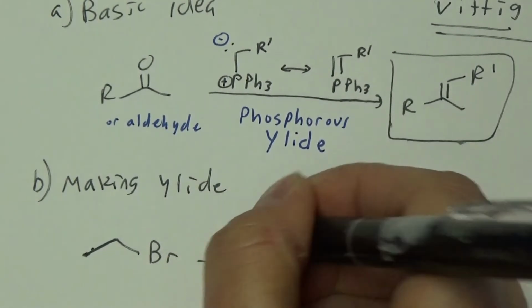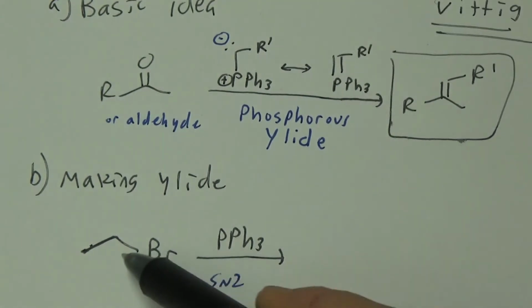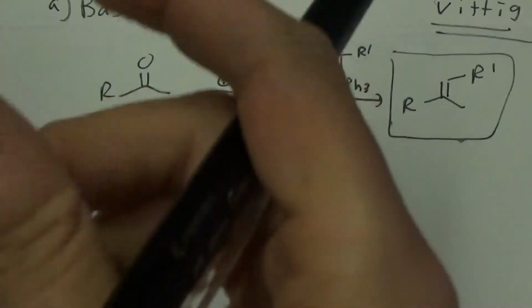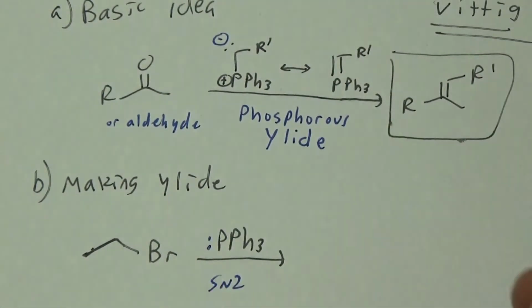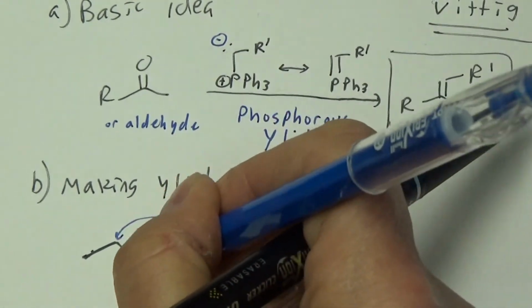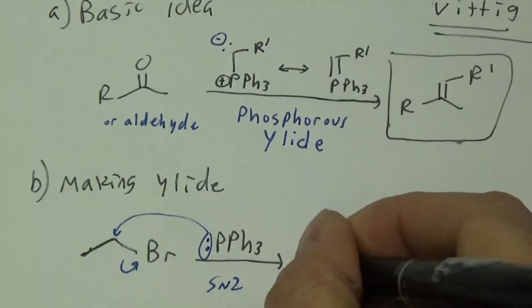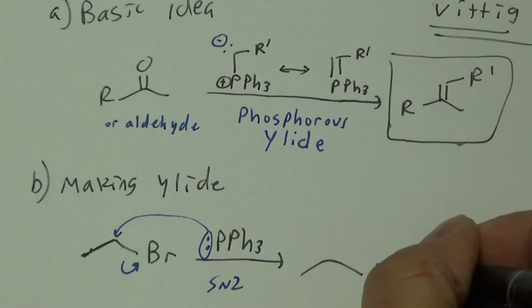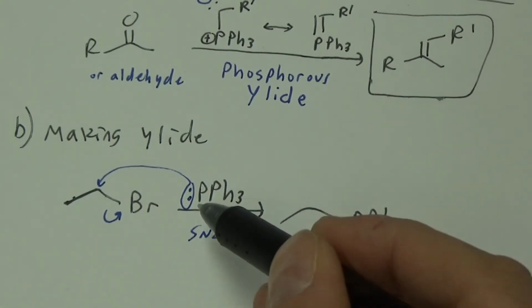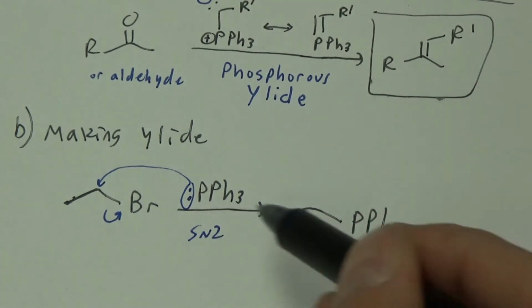It's a simple SN2 reaction with a substrate with a good leaving group and PPh3. The lone pair of phosphorus attacks. Nothing crazy. But what's our charge now on phosphorus? It had a neutral charge and gave up its electrons.